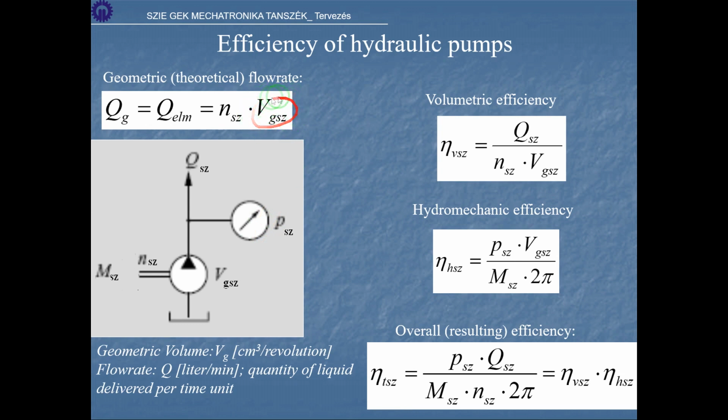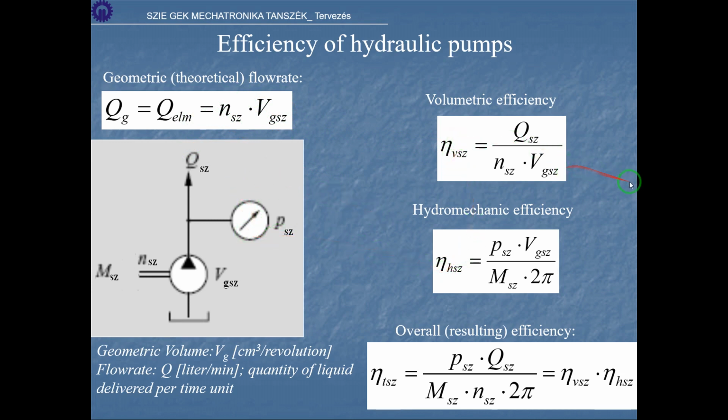This data here is a given data, so we can read it in the data sheet of the pump. The n will be provided by the motor, so for example an electric motor, and therefore we can read the data sheet of the motor, and we know how many revolutions it can provide in a minute. Okay, and therefore we can calculate the theoretical flow rate of this pump.